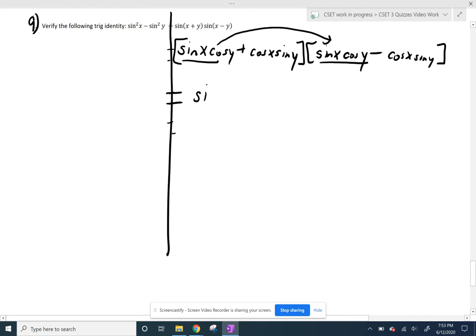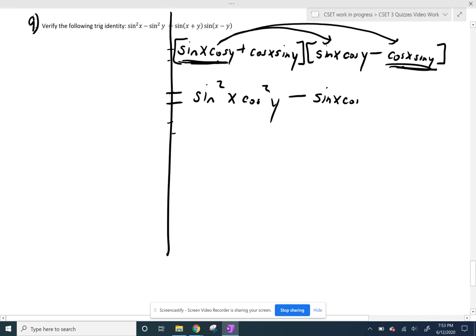So it's going to be sine squared x cosine squared y, and then minus this guy times this one. So sine x cosine y times cosine x sine y. I'm just going to write it just like that. Sine x cosine y cosine x sine y. And now that guy's gone to everybody.